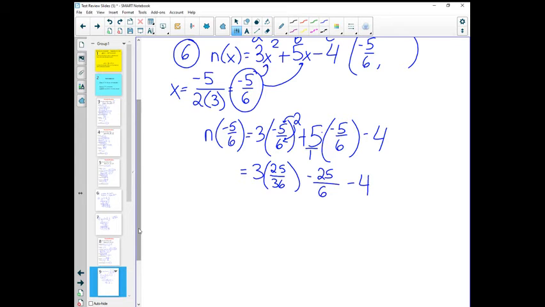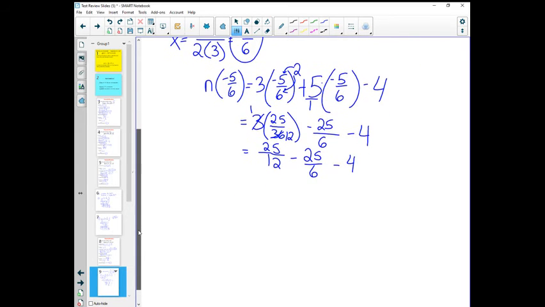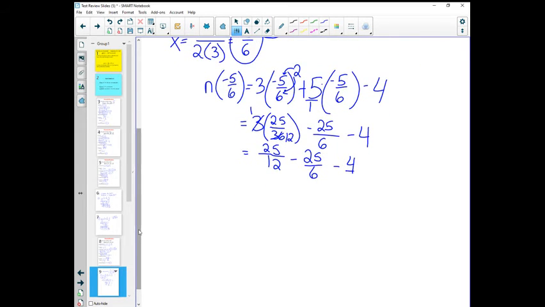Since you are not allowed a calculator on this part of the test, cross-simplifying is really nice to use right here with this 3 and 36. So I'm going to divide both of those by the common factor 3. 1 times 25 is 25 over 12, minus 25 over 6, minus 4. To subtract those fractions, we need to get a common denominator between all three.